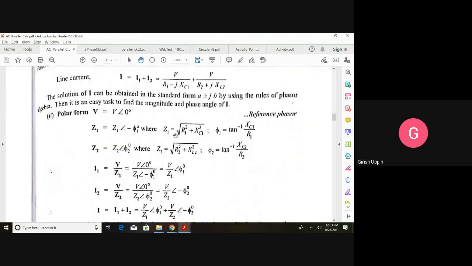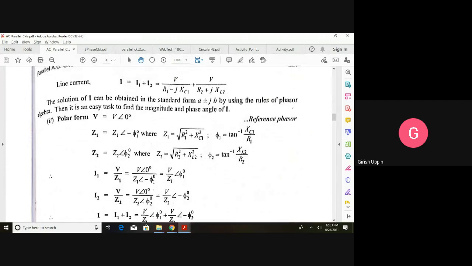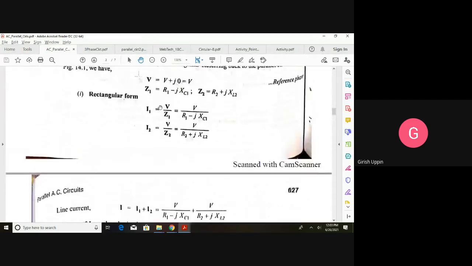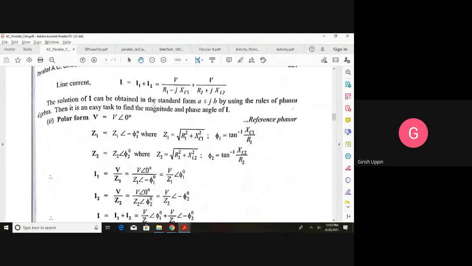For example, here you can see the same impedance which you represented in rectangular form, Z1 is equal to R1 minus jXC1. This is the rectangular form. In the polar form, how can you represent that? Z1 is equal to Z1 at an angle minus phi 1 degree. How to calculate Z1?